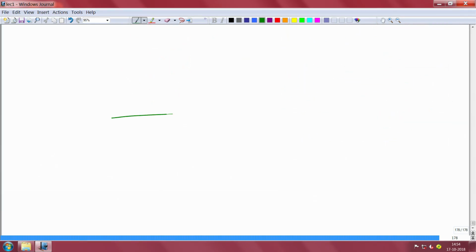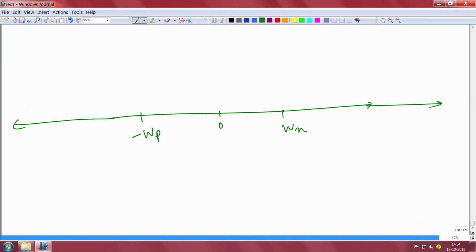Essentially here I am drawing x, this is 0, this is Wn, this is minus Wp. The total carrier concentration at the depletion edge here has to be 0, but far away from the junction, on the n side, the minority carrier hole concentration is given by Pn naught, which is Ni square by Nd. So, far away from the junction it is here, but close to the junction it will be 0. So, at the edge the carrier concentration has to be 0, and it will go like this.